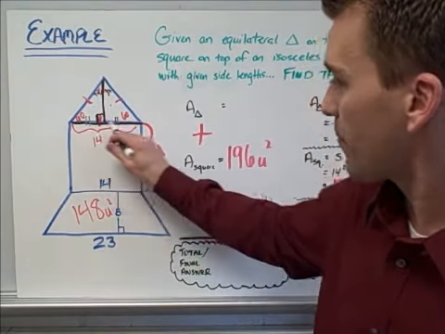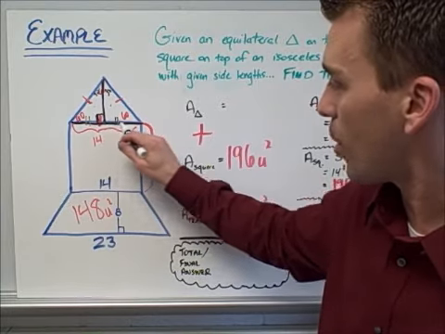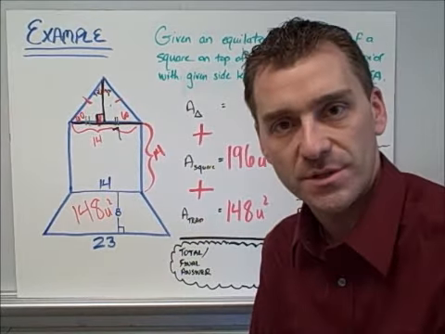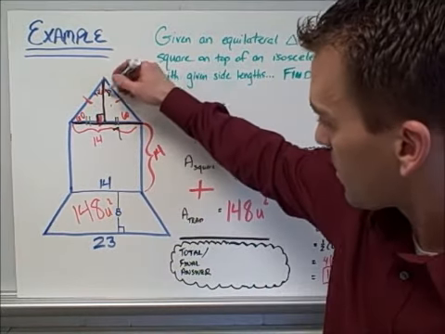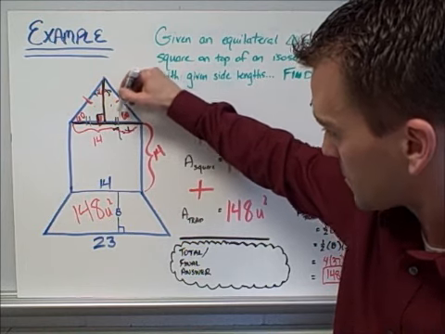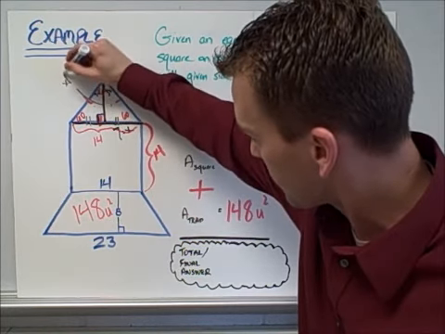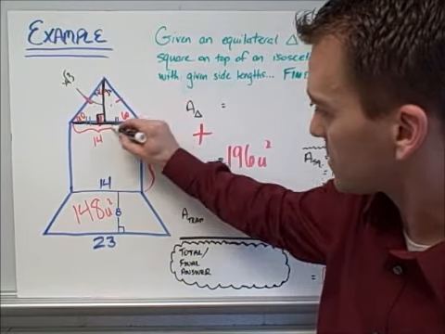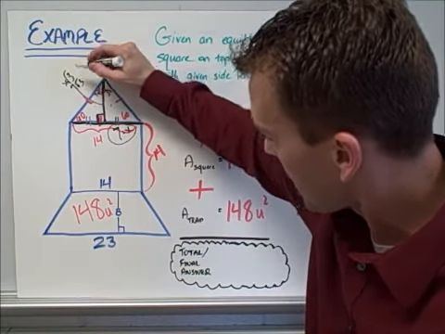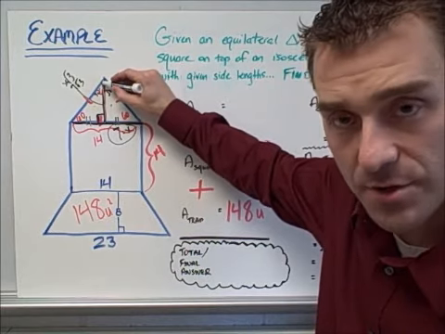So I break up the 14 into 2 equal parts, which means this has to be 7. Why is that important? Because in my 30, 60, 90 triangle, across from the 30 is x, across from the 60 is x root 3. Since x is 7, this has to be 7 root 3. And that's the height of the triangle.